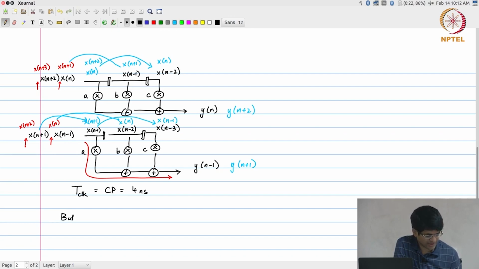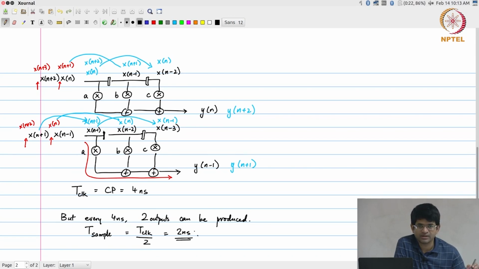But every 4 nanoseconds 2 outputs are produced, and that effectively tells us that our sample period becomes half the clock period. The average sample period can become half the clock period simply because we have thrown twice the amount of hardware at it. There is nothing really very fancy about this. All that I am saying is I am throwing twice the amount of hardware at the problem.